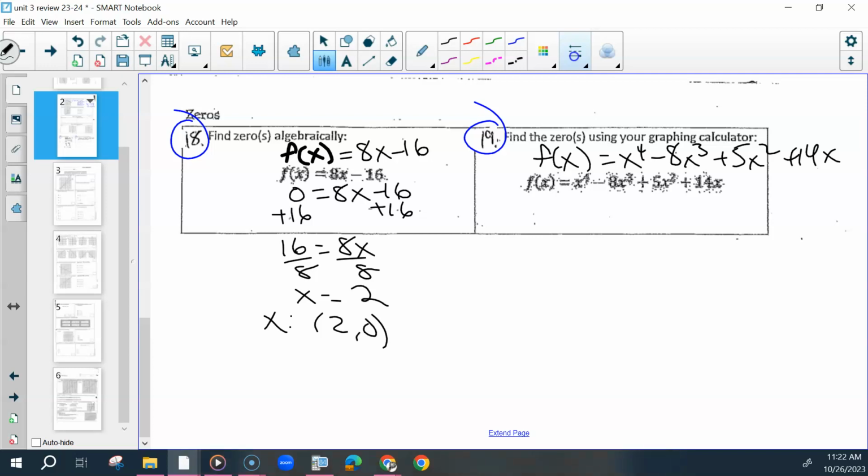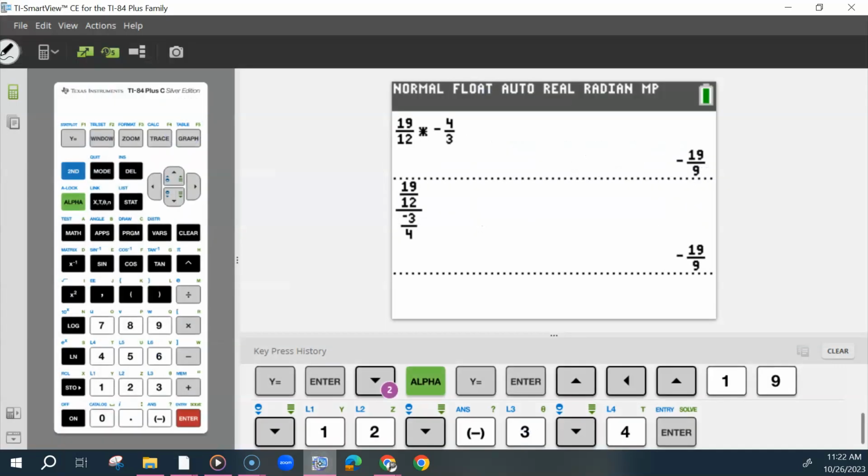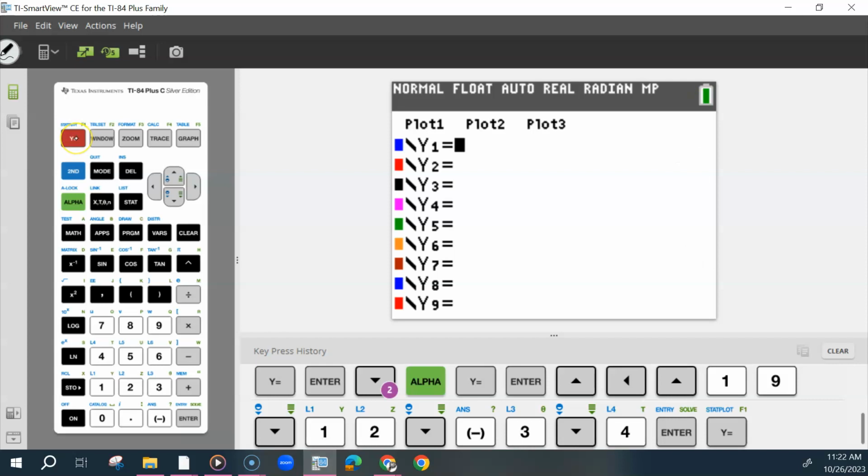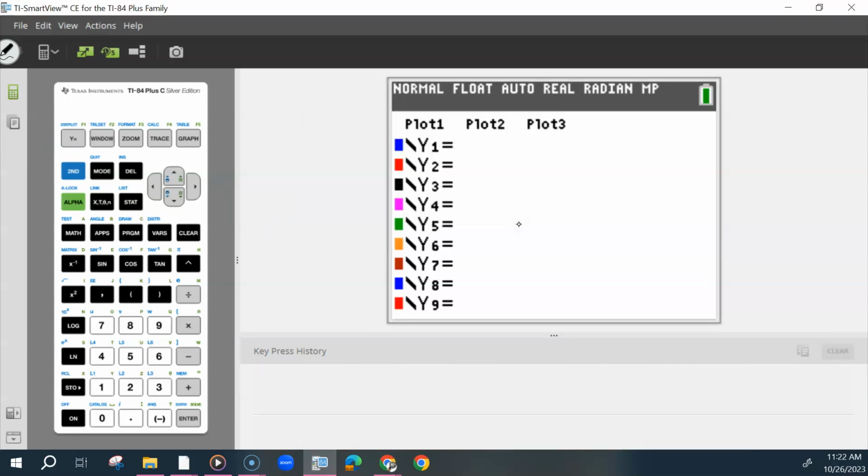Okay. Number 19 is something we have to do in the calculator. So we're going to go into the calculator, go into y equals. If there's something there, clear it out, unless it happens to be the same equation that was up there. And we're going to put in that equation. How do you do the reset thing again? Second plus 7, 1, 2.